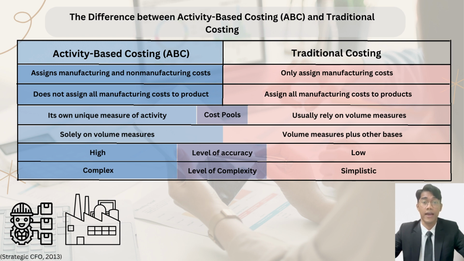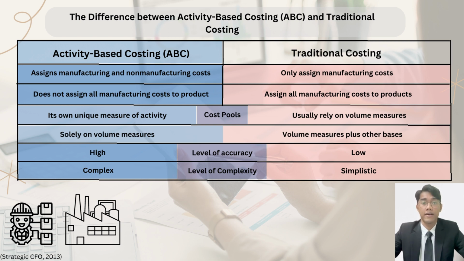For ABC, it assigns both types of costs to the product, which are the manufacturing costs and the non-manufacturing costs. The traditional costing, on the other hand, will only assign manufacturing costs. However, ABC does not assign all the manufacturing costs, whereas traditional costing will assign all the manufacturing costs. The ABC cost is the best method.